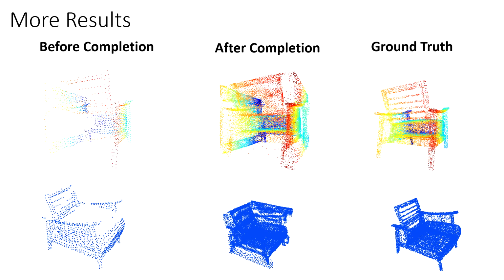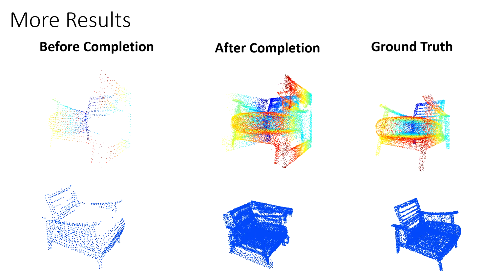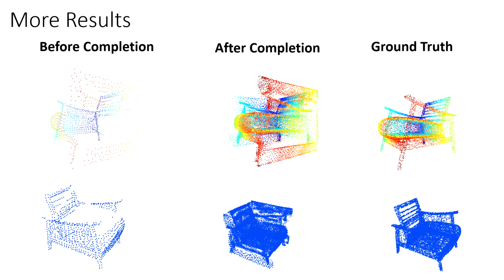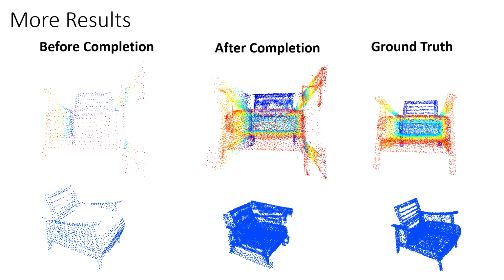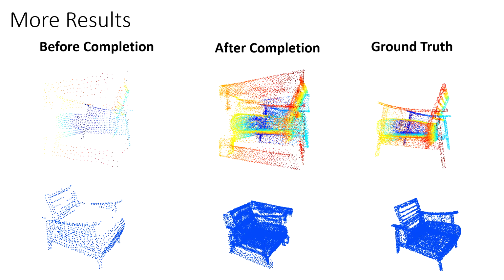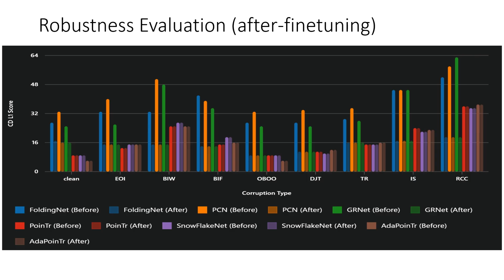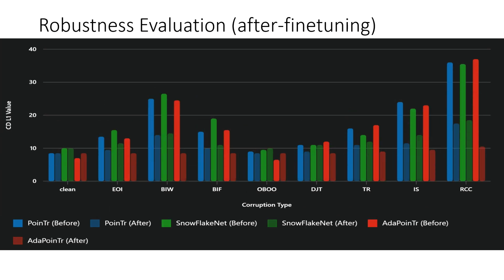We fine-tuned the algorithms on the randomly combined corruption category of the CPCCD benchmark dataset and found the following results. After fine-tuning, all of the completion algorithms showed a significant improvement, and the best results were once again observed with the transformer-based algorithms.